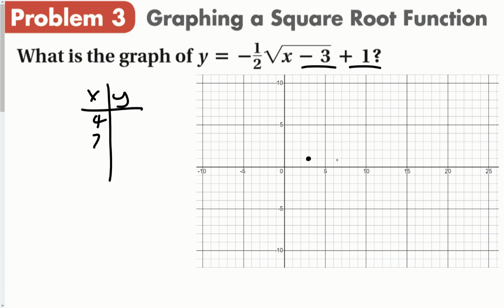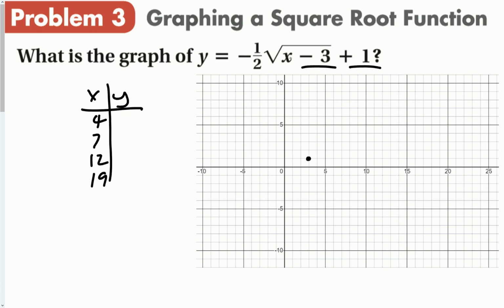Then I'm going to plug in 12. Right? Because 12 minus 3 is 9, 7 minus 3 is 4, 4 minus 3 is 1. They're giving me perfect squares. Let's try one more. The next perfect square one is 16, so I want to plug in 19.